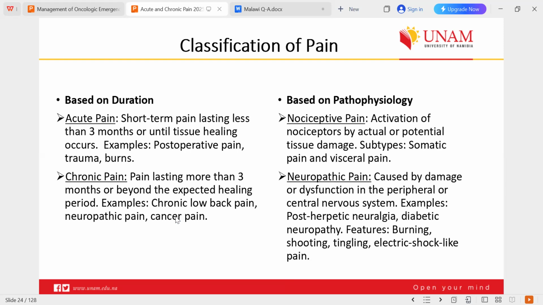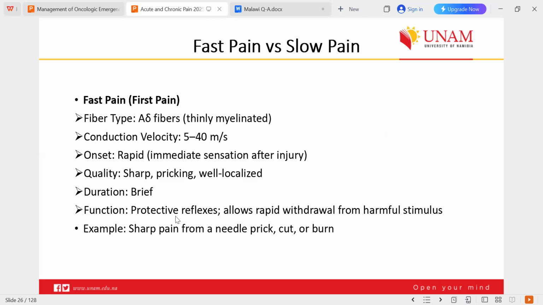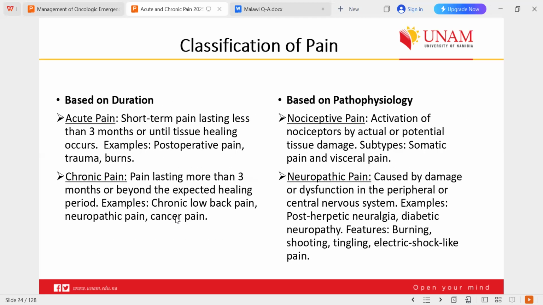So classification of pain. Pain may be classified based on duration, based on pathophysiology, based on the location, and based on the etiology. So based on duration, pain can be classified as acute or chronic, like we mentioned before. Based on pathophysiology, pain can also be classified as nociceptive pain or neuropathic pain.